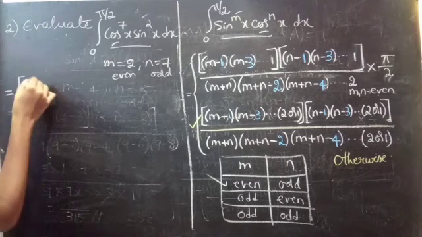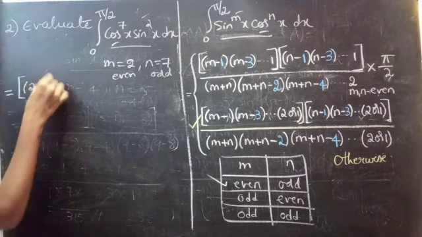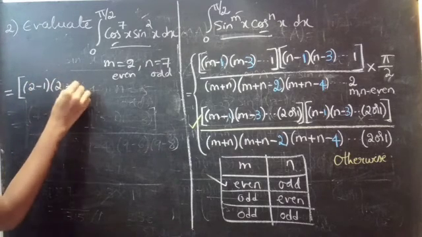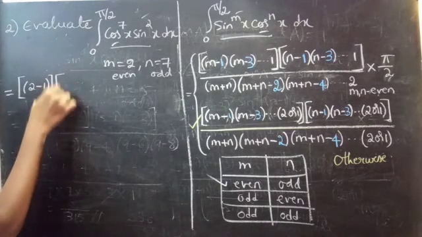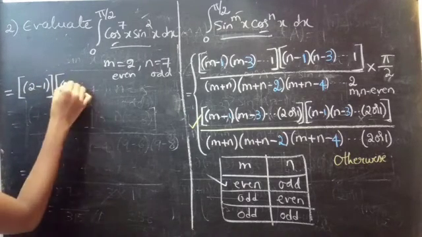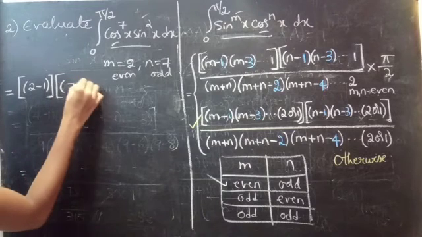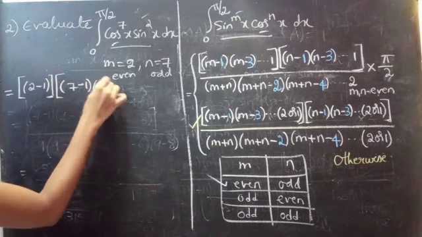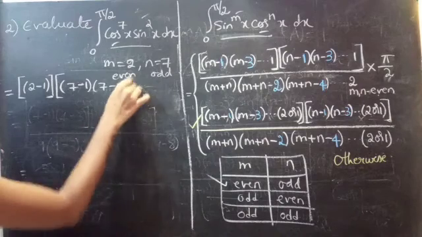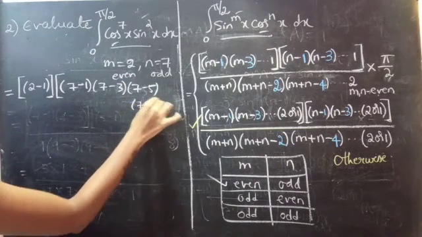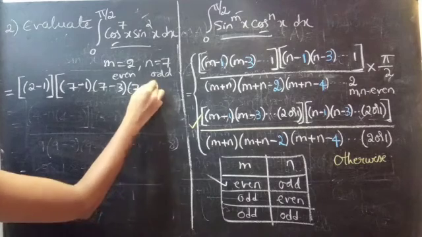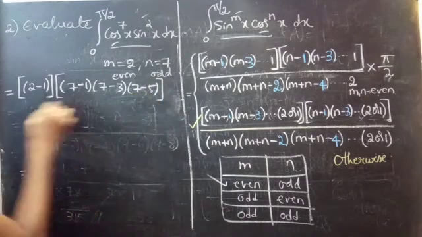For m, 2 minus 1. Next we'll get 2 minus 3, which is a negative number, so you'll stop here. For n, 7 minus 1 into 7 minus 3 into 7 minus 5. Again, you'll get 7 minus 7, which is 0, so you'll stop here itself.